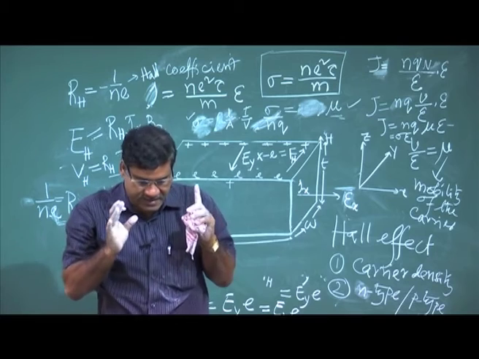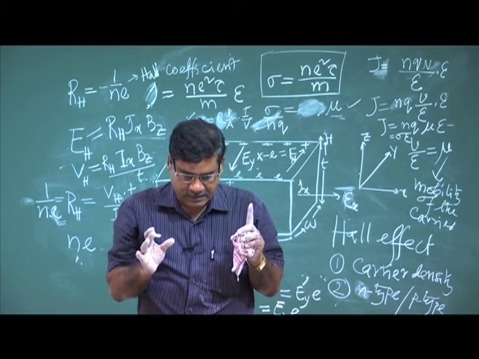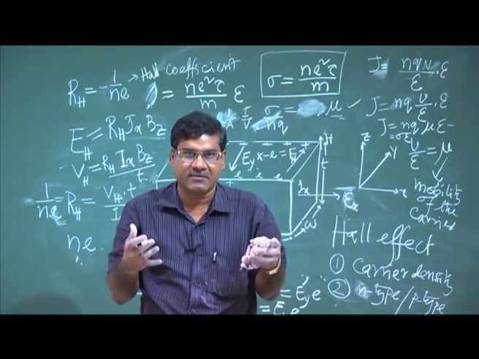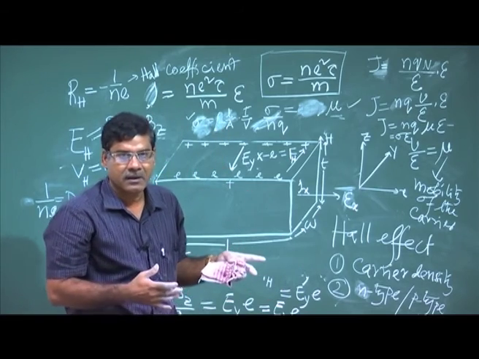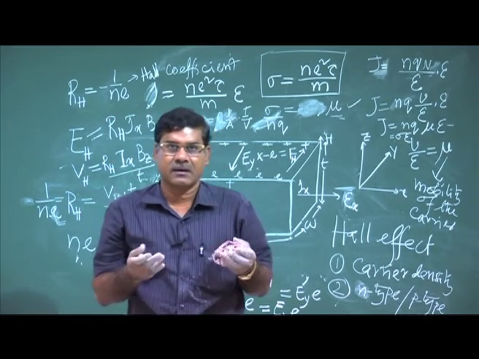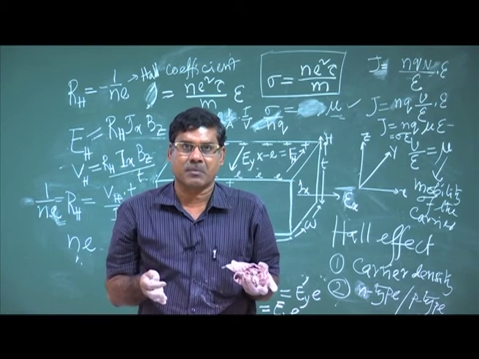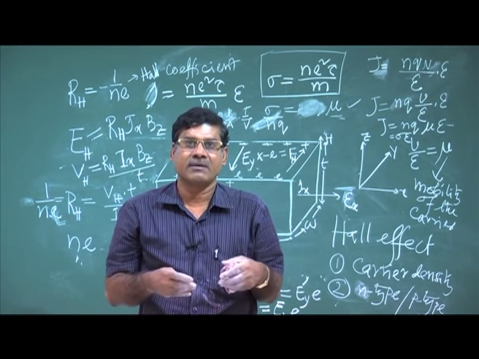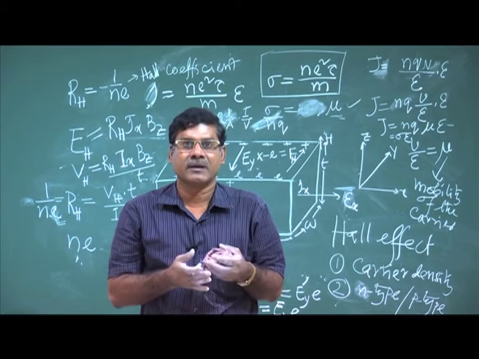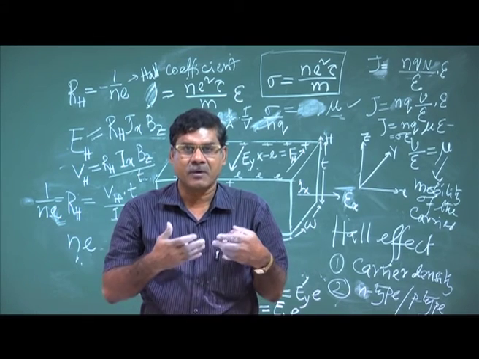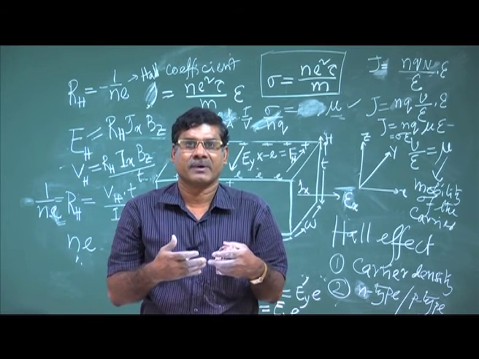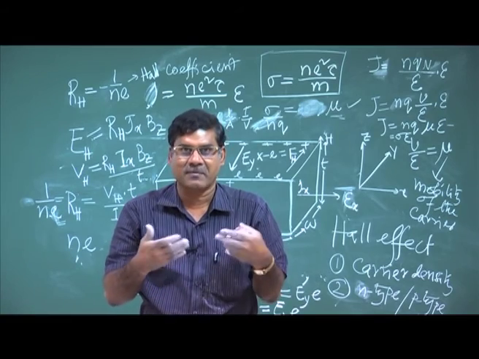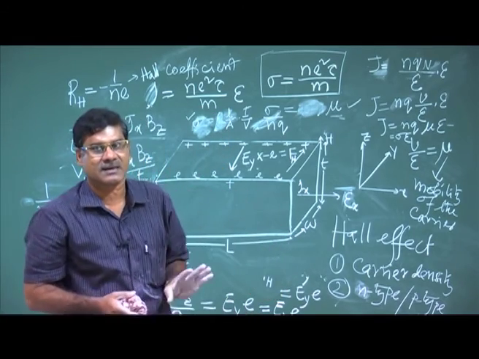So, if you measure the resistivity or conductivity of your sample and if you measure the Hall voltage of your sample, then you can get all information about the parameters which participate in conduction, okay.